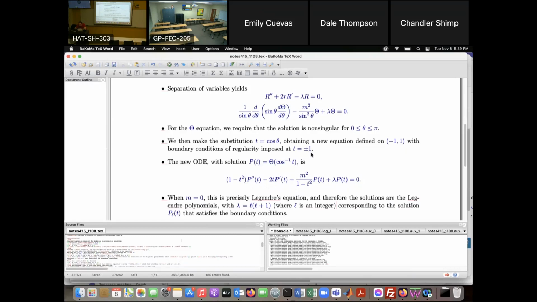The only way to do that is to make sure that lambda is such that the power series solution for Frobenius' method terminates after a finite number of terms. And again, this is a rehash of something I presented some time ago. It's the Legendre polynomials that result from getting that kind of solution.